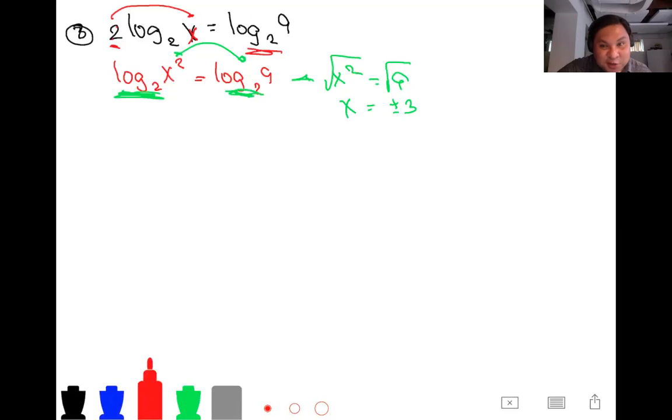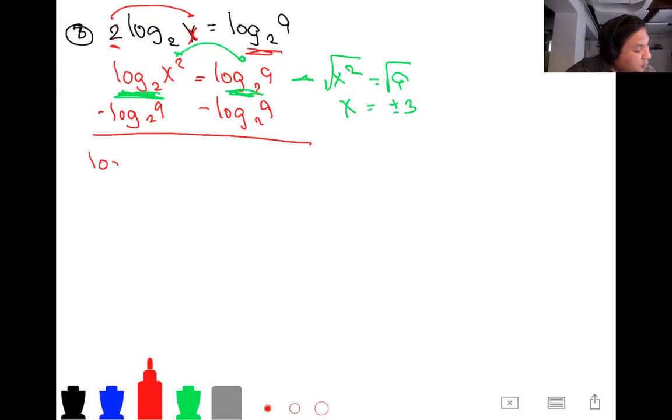I mean, how it eventually goes to x squared equals 9. All right. So first, because the logarithms are on opposite sides, we're going to subtract logarithms. Okay, so this one zeroes out, right?